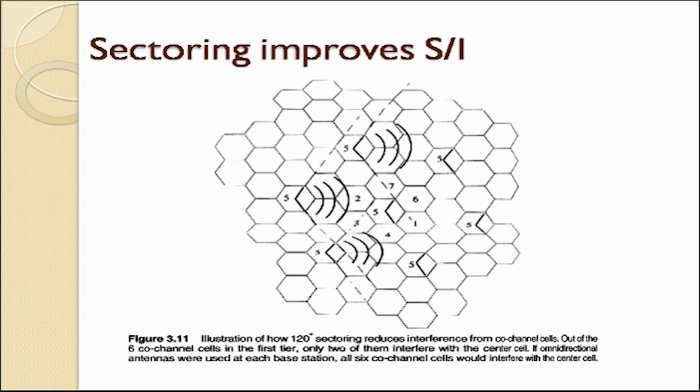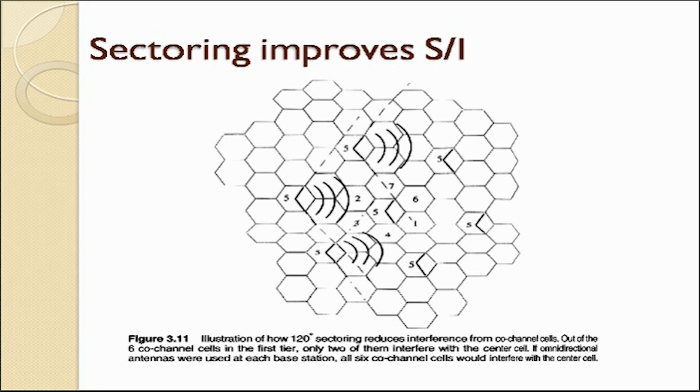If omnidirectional antennas were used at each base station, all 6 co-channel cells would interfere with the center cell. Because of this, SIR has been increased from 17 dB to 24.2 dB. This SIR improvement allows the wireless engineer to decrease the cluster size in order to improve the frequency reuse, which improves the system capacity.